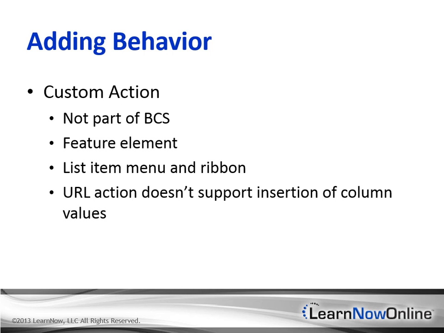Now, the challenge with custom actions with regards to BCS is that the URL action attribute does not allow you to insert column values for a given item into the URL. So, for example, on a regular list, when you drill down into the list item, you get the list item menu, and say, for example, you press delete item.